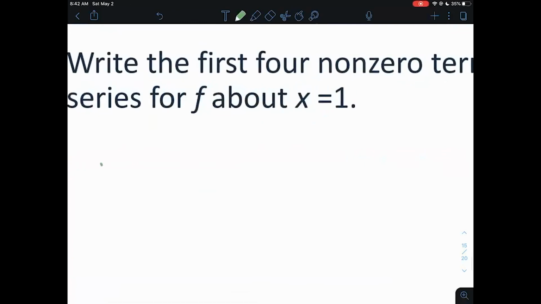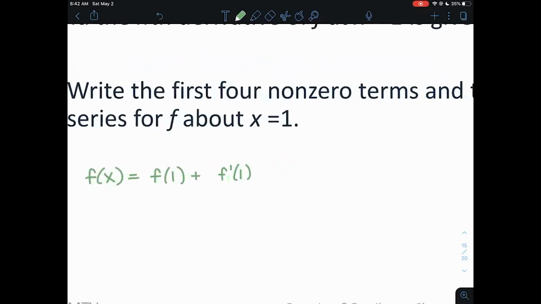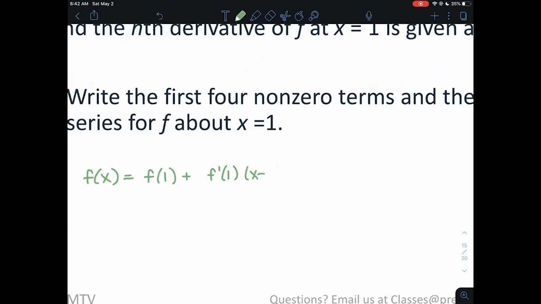Okay, so let's just start writing that out first. So f of x equals f of 1 plus f prime of 1 times x minus 1.